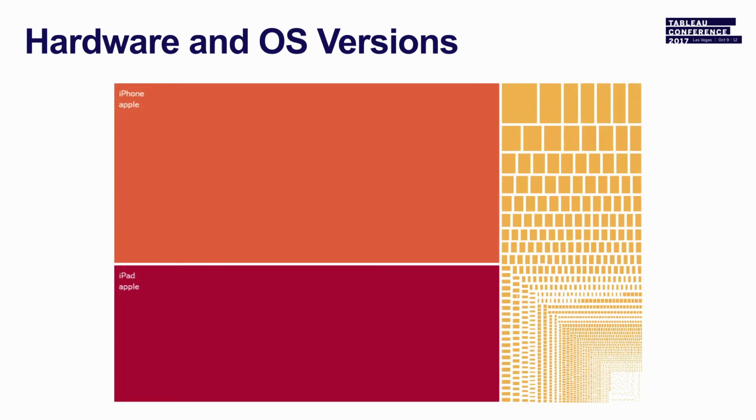Hardware version, these are also stats from Tableau Mobile. That upper left rectangle is iPhone. The lower left rectangle is iPad. All of the yellow rectangles on the right are Android hardware permutations that people are connecting with. There are some pretty tiny rectangles at the bottom with Chinese Android OS versions that we don't have access to.